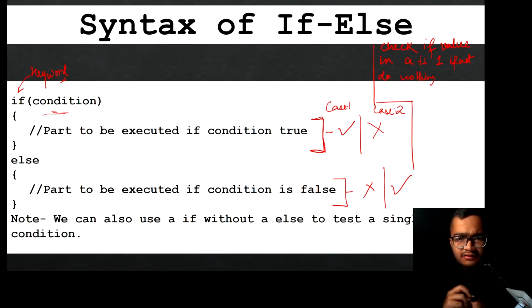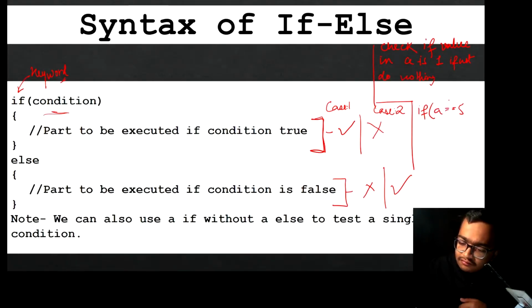So how do we implement this do nothing? We will just leave out the else part. So how will we write it? If a equal to 1, this is the equality check. We are using double equal to. We have learned in the logical operator, right? Sorry, this is the relational operator, not logical.